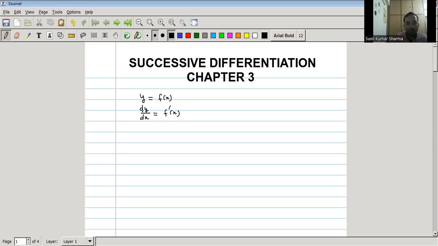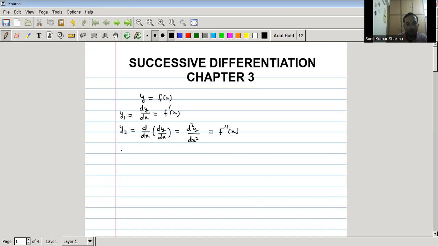So we also denote this dy upon dx, the first derivative of y with respect to x, by y1. So if we again differentiate this, then the second derivative is y2, and that is equal to d by dx of dy upon dx, and that is the same as d2y over dx2, and this is equal to f double dash x.